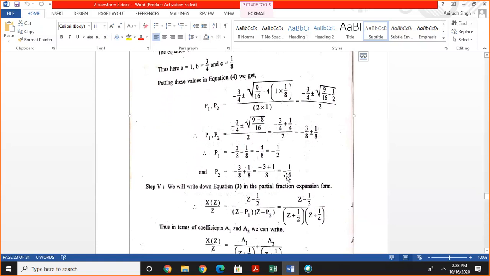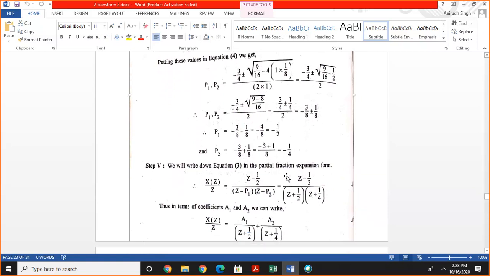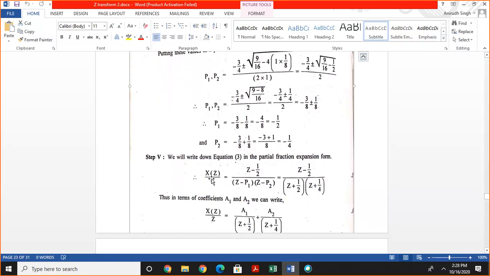Find out the values of its root and use the formula for P1 and P2: minus B plus minus under root B square minus 4AC divided by 2A. If we substitute all these values, you get the value of P1 is minus half, and P2 value of second root is minus 1 by 4.